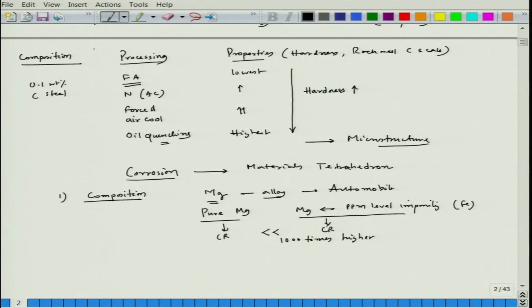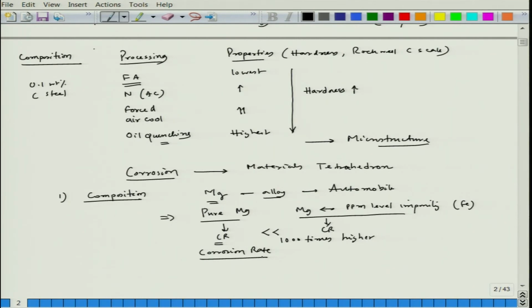But if we take this example, pure magnesium has a fairly good corrosion resistance, but if we consider the CR, meaning corrosion rate, and please remember that if I use CR, do not take it as corrosion resistance, it should be taken as corrosion rate.